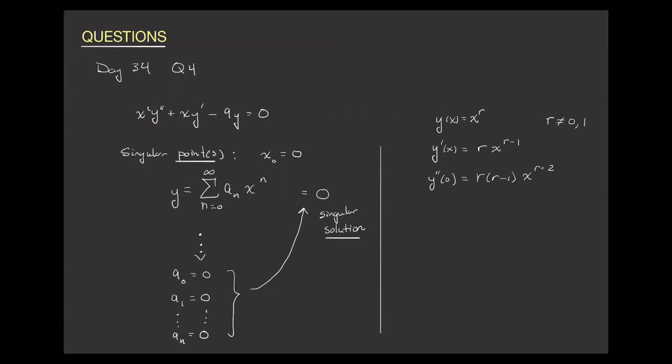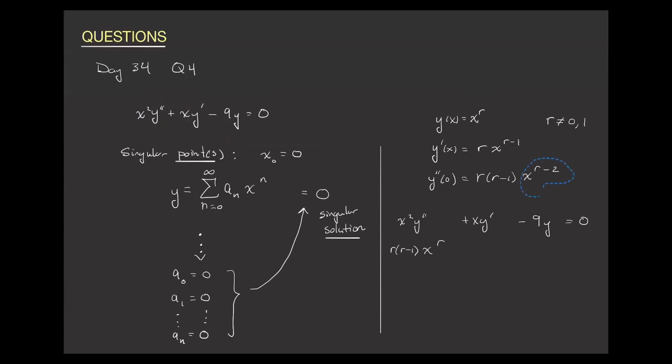Now substitute all these in. We get x squared y double prime plus x y prime minus 9y is equal to 0. Or substituting in, we get r times r minus 1, x to the r. I wasn't clear that that was negative 2. Now it's x to the r. Why?